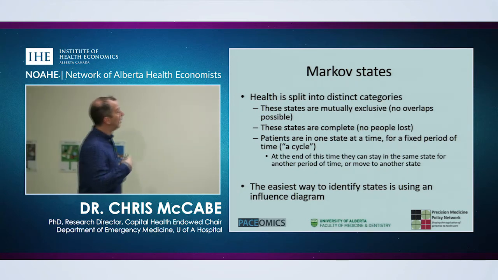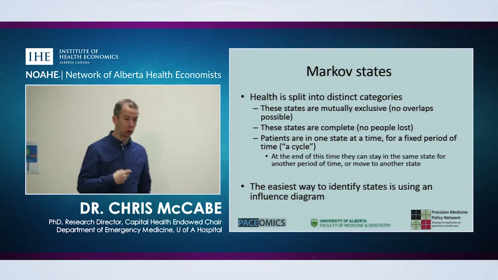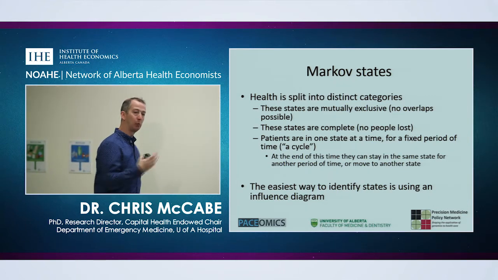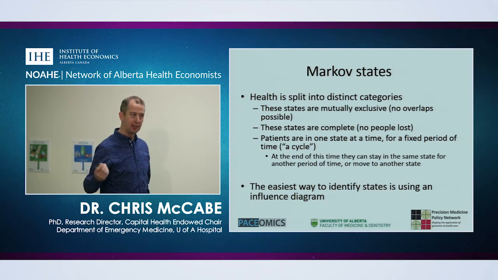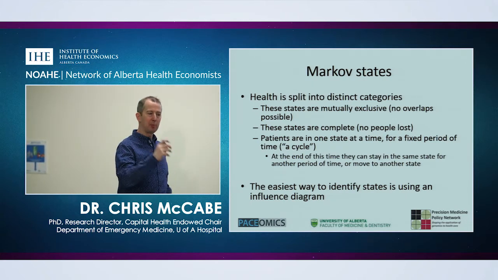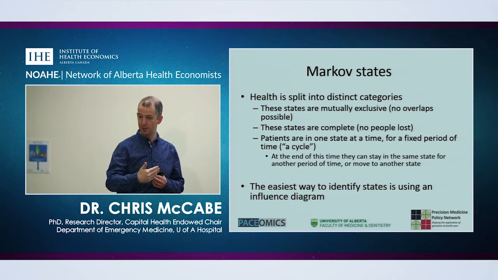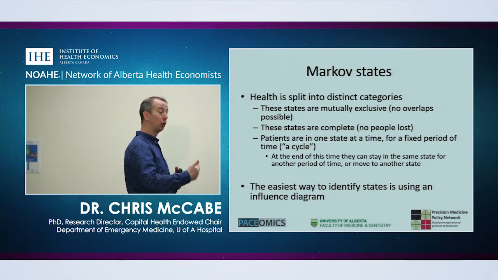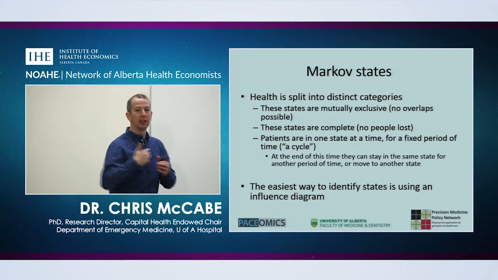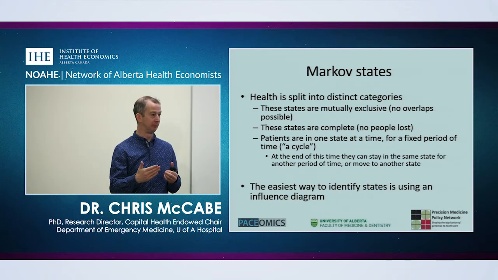And you are in one of those states for a known and fixed length of time, what we call a cycle. It could be a day, a week, a month, a year. How long the cycle should be is informed by how long it takes for a clinical change to exhibit and/or how long it is between times at which the clinical care can be changed.